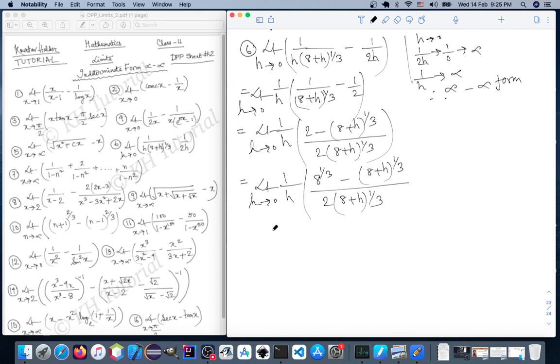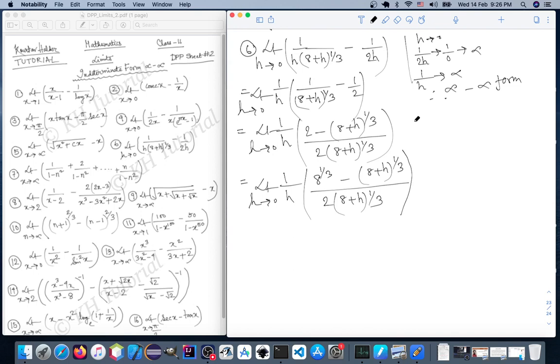The idea is to somehow get rid of the cube root term in the numerator. It has the form a to the power 1 by 3 minus b to the power 1 by 3, and we can see if we somehow get the cube of both the terms, that is a minus b.